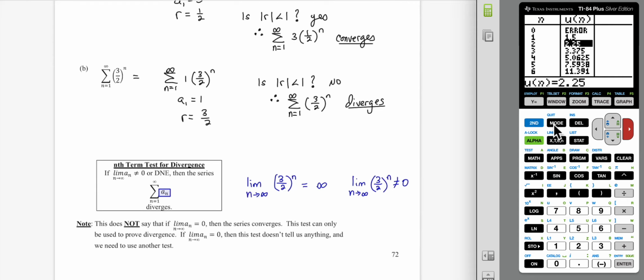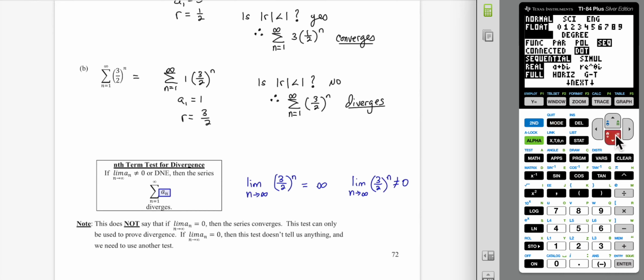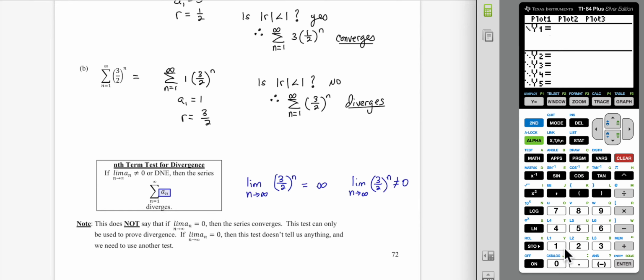You know, let me put it in function mode. This is one of those cases where I realized that nobody could see my hand waving. But if you come in from the left, oh, that was fun. Coming in from the left, see it's going down to negative infinity. Coming in from the right, it's going to positive infinity.